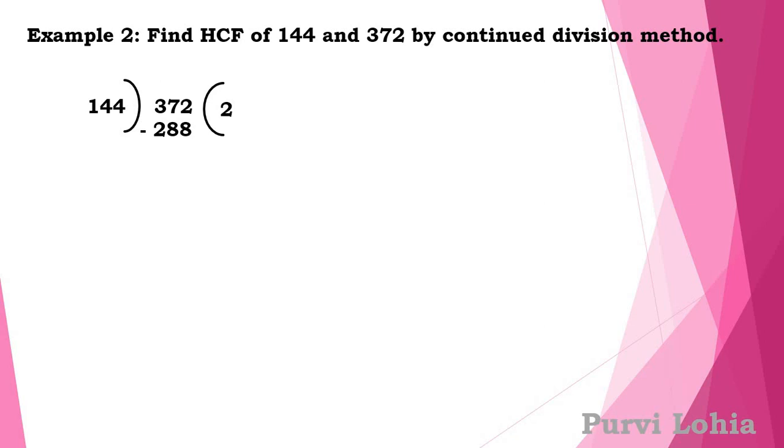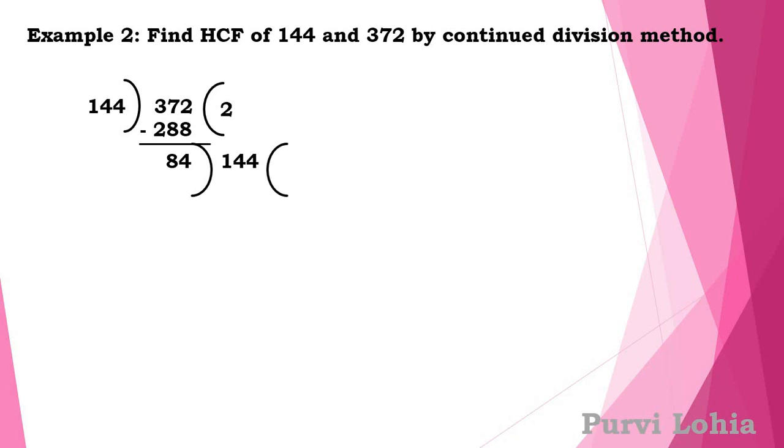What is the remainder? Remainder is 84. So again 84 will become the next divisor and 144 will become the next dividend.